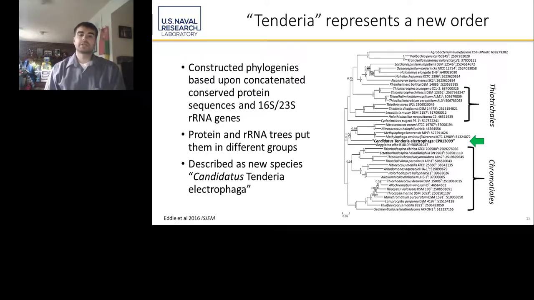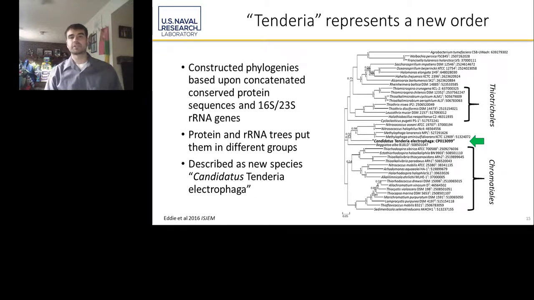And then using those genes, we could go through and look to see where it fits in the tree of life. One of the interesting things that we found is that if you just look at the 16S ribosomal RNA gene, or 23S also, you get a very different picture of what kind of organism it is than if you look at the whole genome itself.